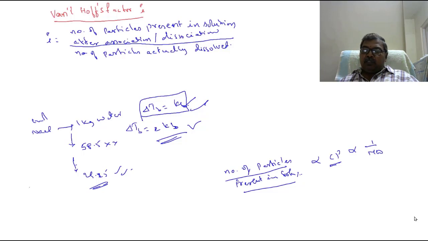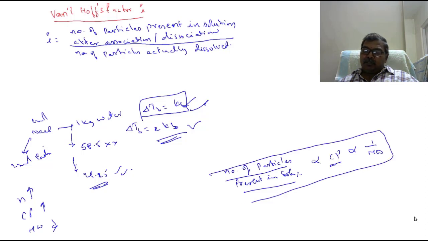Because 1 mole NaCl is dissolved, we got 2 moles of particles. Particles are increased, colligative property increases and molecular weight decreases.